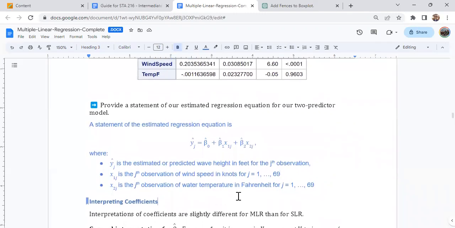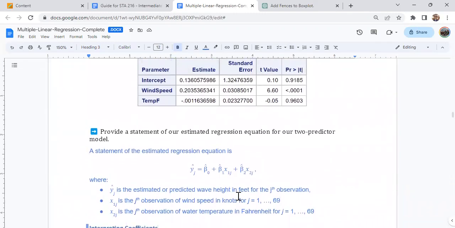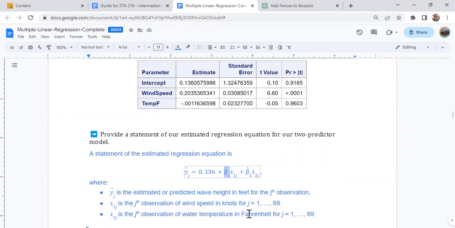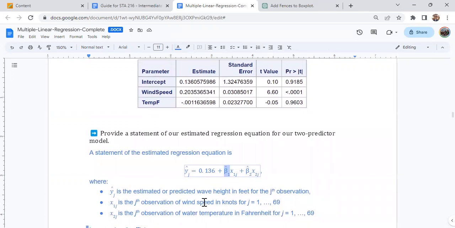Yeah, the beta hats, right? We want to give the numerical estimates from the output. So here, and we can just do it to like 3 decimal places again. So the intercept we get from here. Everything's got, yeah, all the beta hats are going to come from the estimate column. Beta hat 1. So the important thing is making sure you match, like, okay, we said x1 is wind speed, so we'll make sure we get the coefficient for wind speed when getting x1. So this is 0.203.